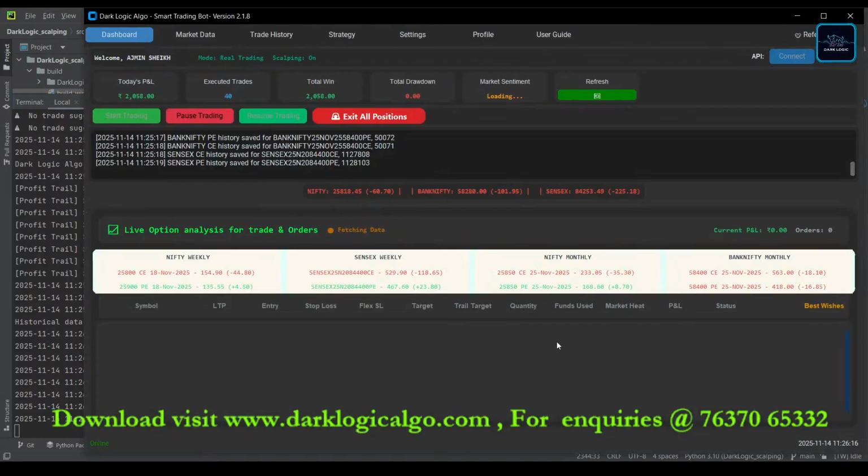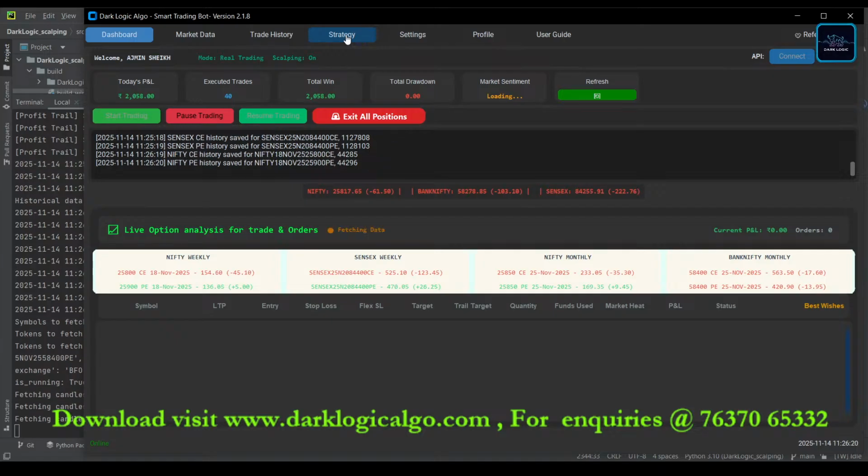So you can test over here with paper trading mode how the strategies actually work, how the bot actually works. So it's a very sophisticated and highly refined automated trading bot.